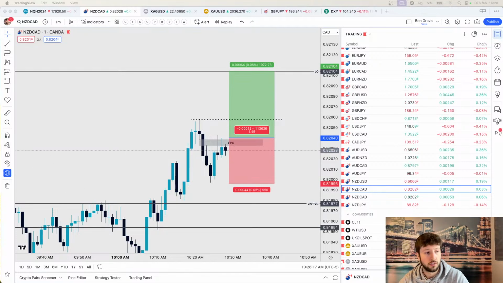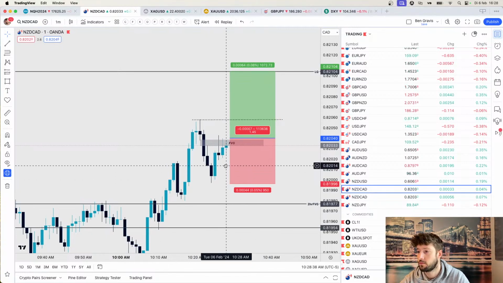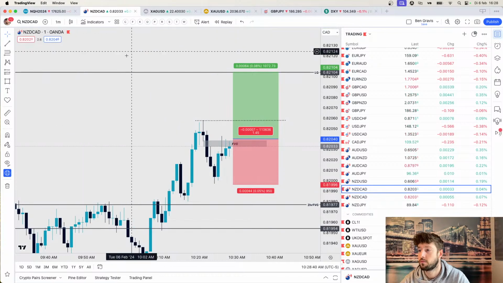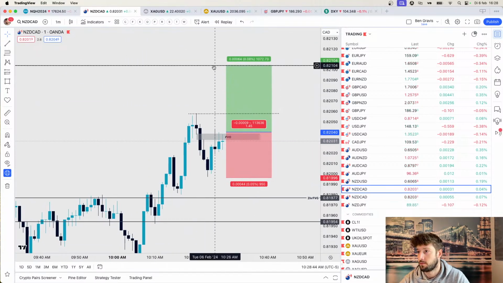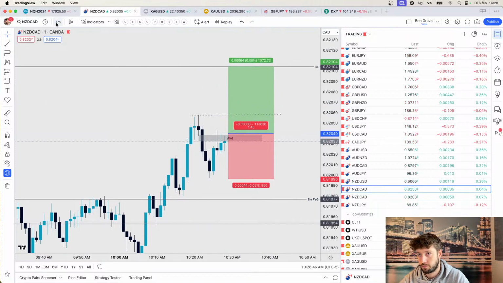Could be a potential long scalp. But yeah, is it worth it?